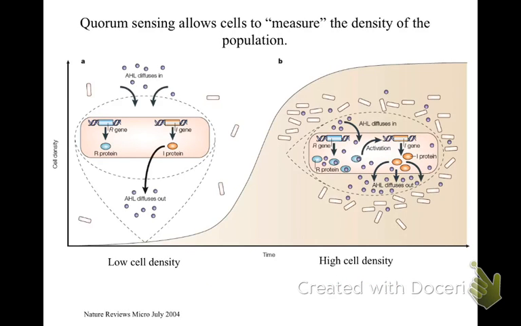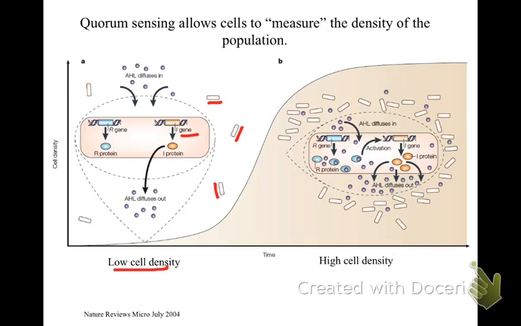Well, let me review this once again, how quorum sensing works to measure cell density. The example here is for AHL. For a gram-negative, we're looking at a low cell density. We've got a few cells out here. Gram-negatives have a gene called the I gene. It's generically called the I gene.